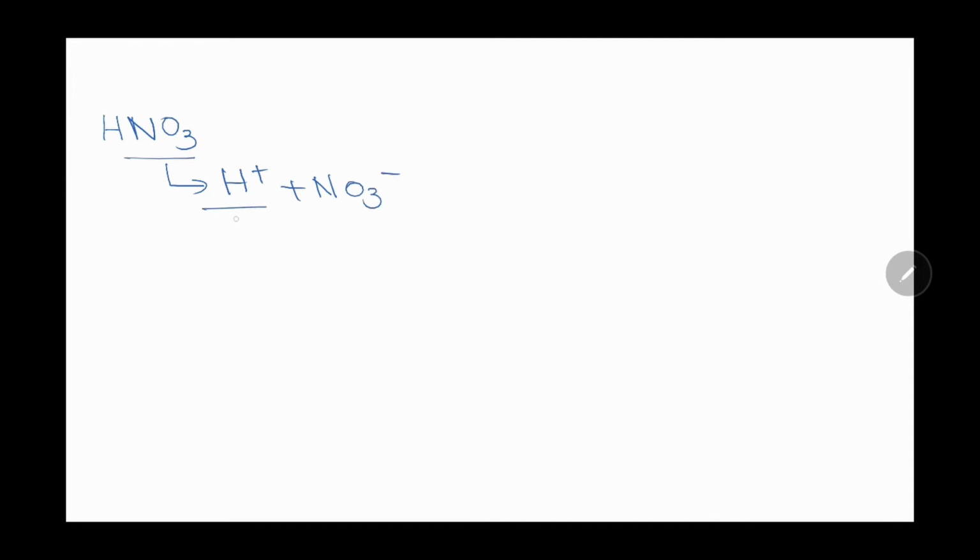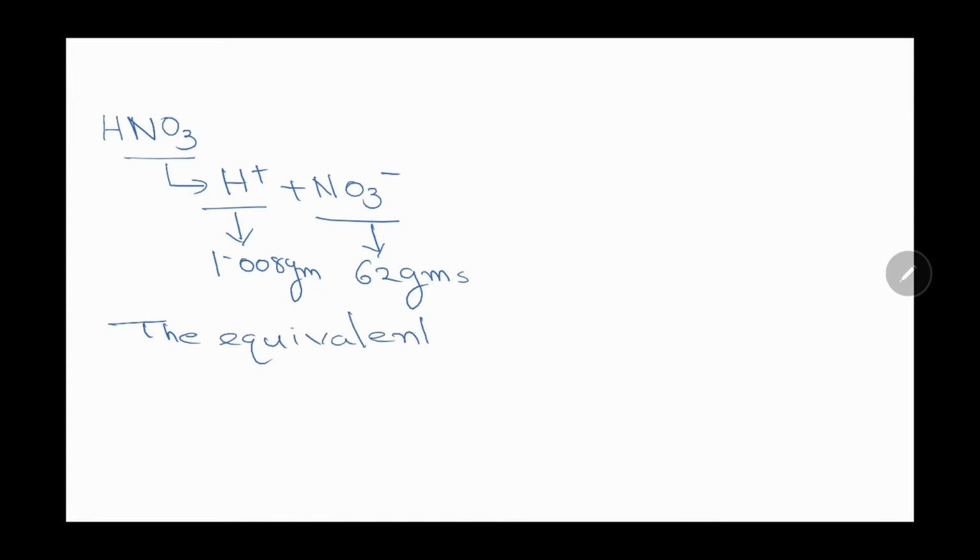The atomic or the molar mass of H+ is 1.008 grams and that of NO3- is 62 grams. So as we had in the definition, we can easily point out that the equivalent mass of NO3- is 62 grams. So let me write it down for you.